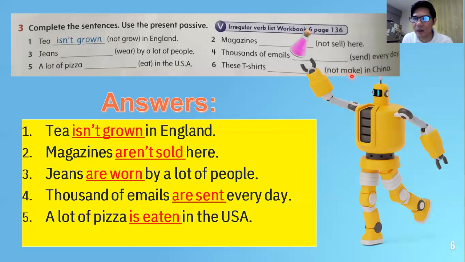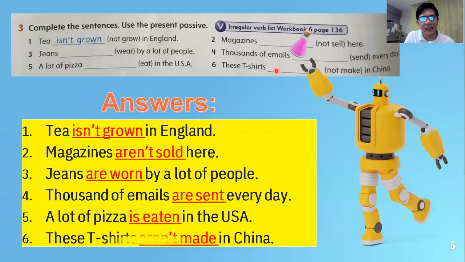And if you can remember, the verb 3 is made, but it's in negative. And take a look at our subject, t-shirts. Therefore, we use plural. So our answer must be: these t-shirts aren't made in China. All right. Those are our examples for the present passive.